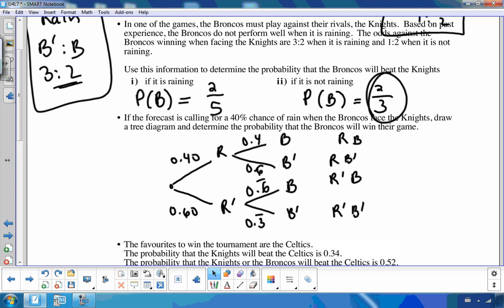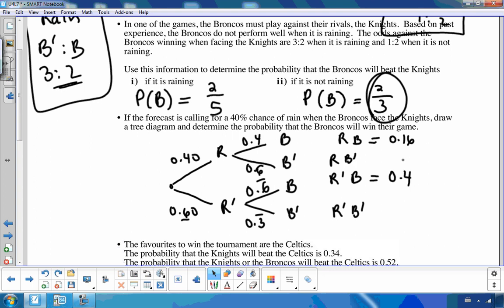So we want to determine the probability that the Broncos will win. So that's going to be this one or this one. So raining and Broncos winning is going to be the 0.4 times the 0.4, which is 0.16. Not raining and Broncos winning is going to be 0.6 times 0.6 repeating, and that's going to give me 0.4.